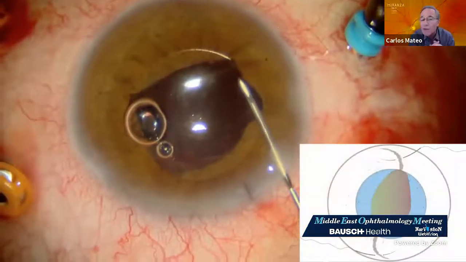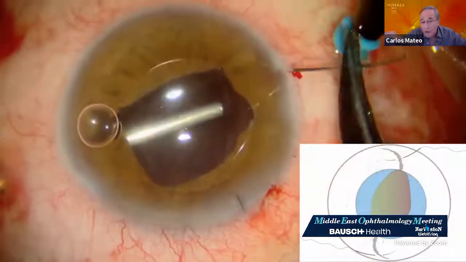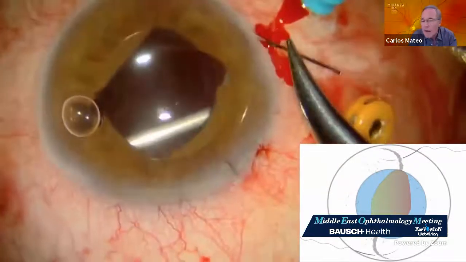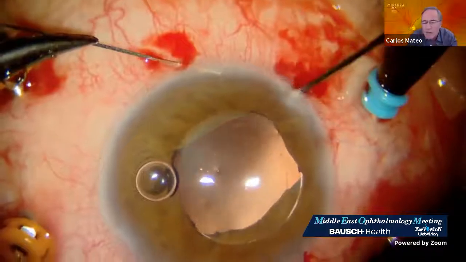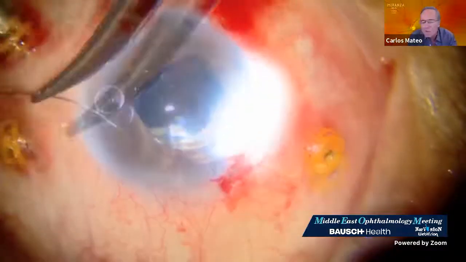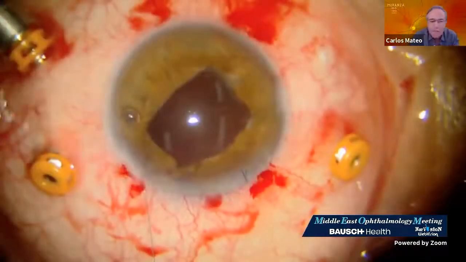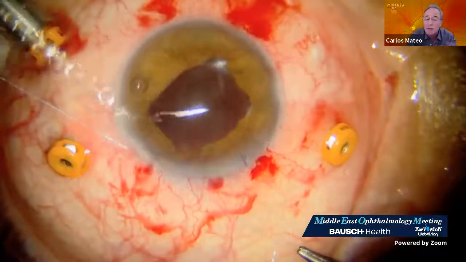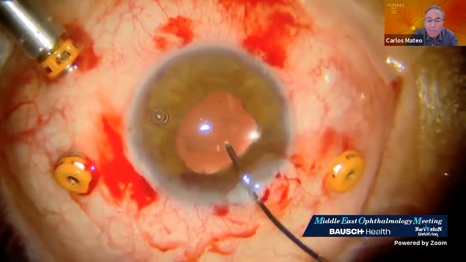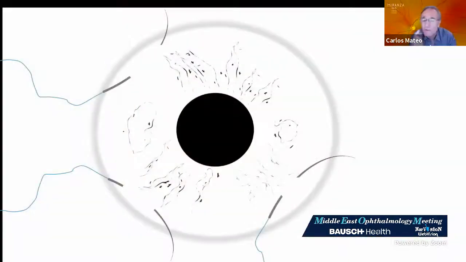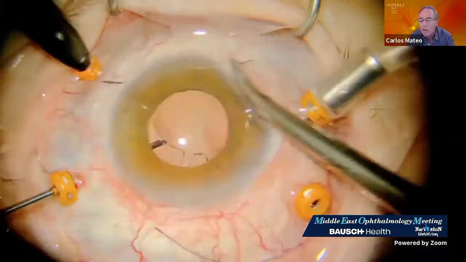I put the lens just in front of the iris surface, the optic part down, and then with a mechanical suture, I suture this lens to the iris. This is a simple procedure, not that difficult to perform. Different lenses require different techniques, but at the end it's the same. You can use sleeves or not, and don't forget always to perform a peripheral iridotomy.